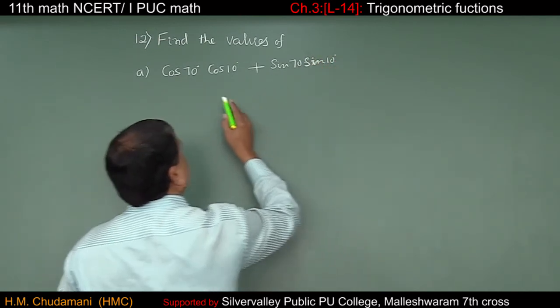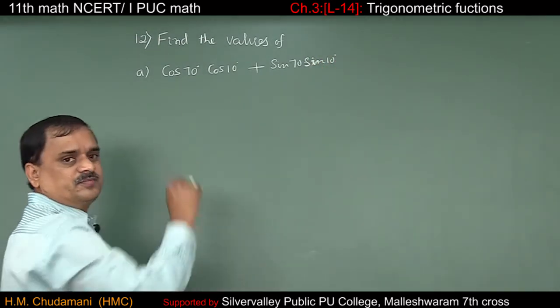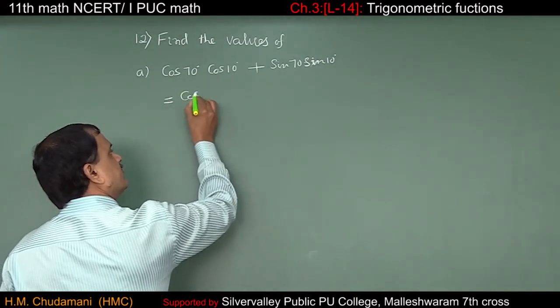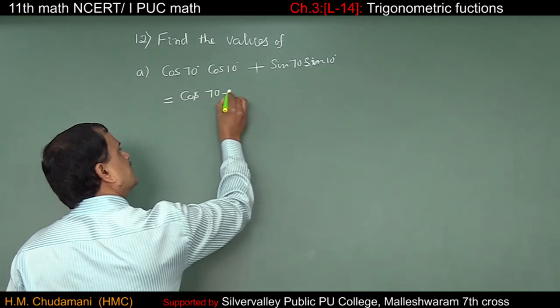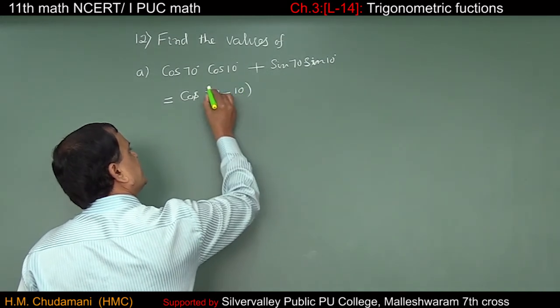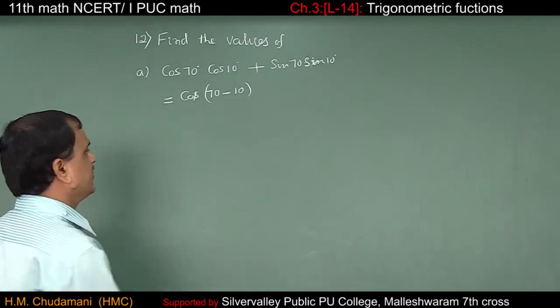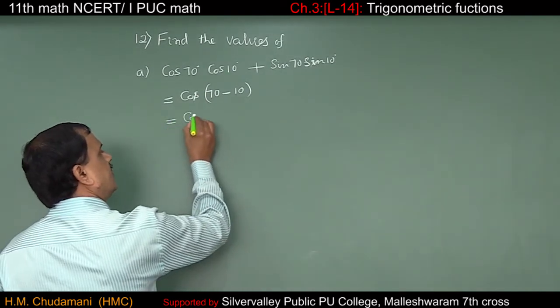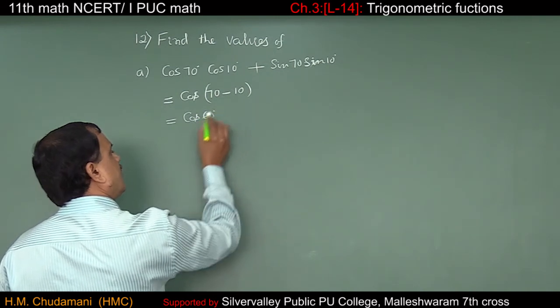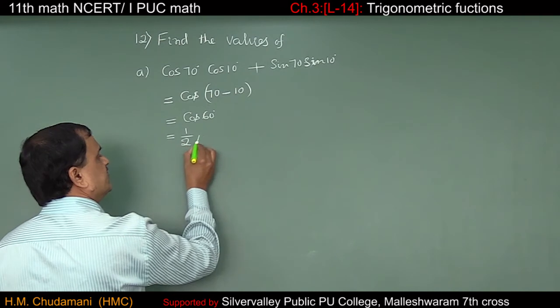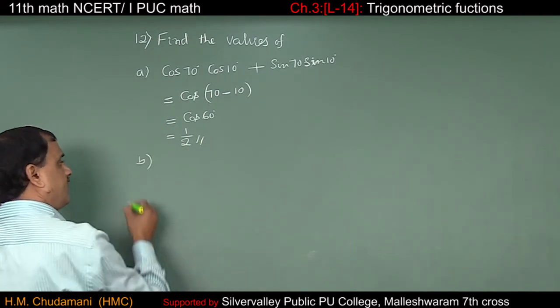Please observe this, cos A cos B plus sin A sin B. This is of the form cos A cos B plus sin A sin B, which means the cos of A minus B formula. So that is cos 60 degrees. Cos 60 degrees is equal to sin 30 degrees, which is 1 by 2.